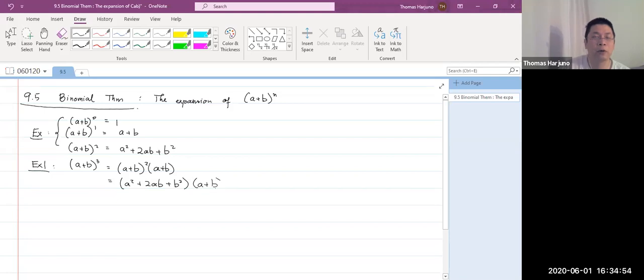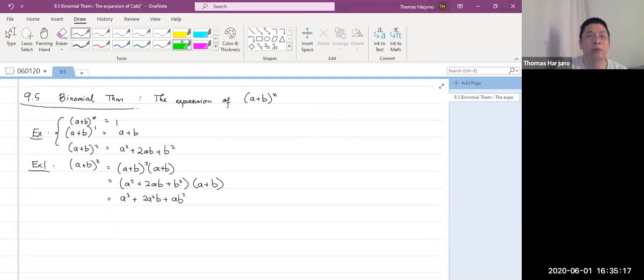And then from here we FOIL it. Let me distribute the a first: a cubed plus 2a squared b plus ab squared.